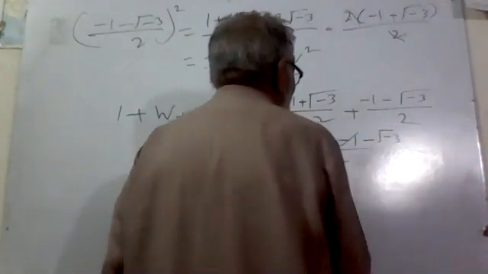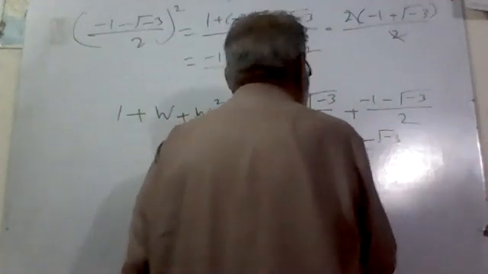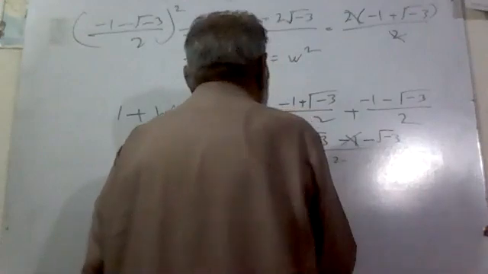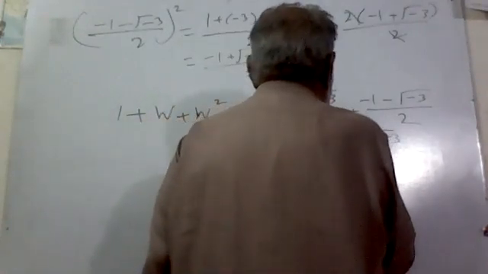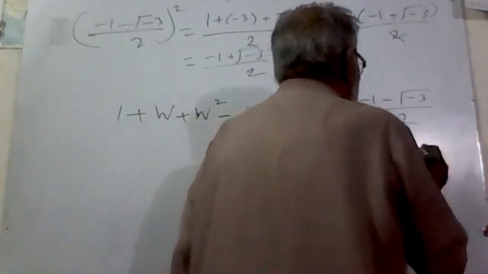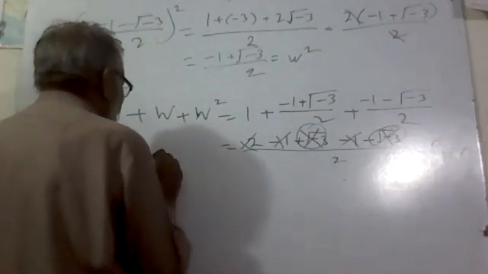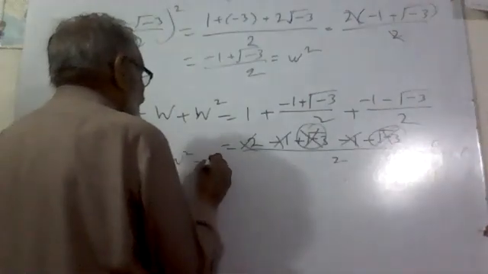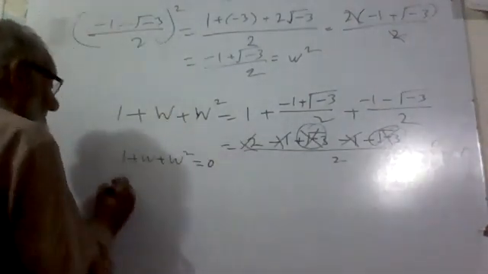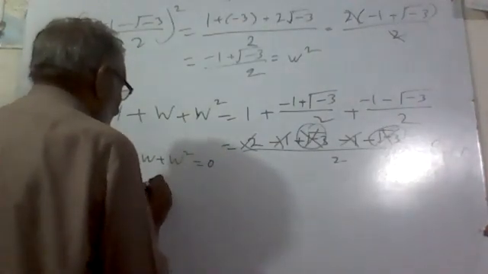This cancels with this, this and this. You are getting 0 over 2. That's 0. So 1 plus omega plus omega square must be equal to 0. The other relation is that omega cube must be equal to 1. These are two relations which are to be remembered and never forgotten.